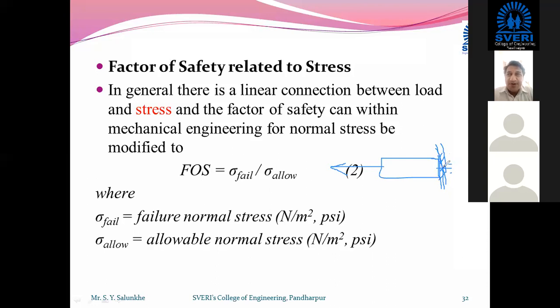If you apply force in the longitudinal direction and it creates tension, then we can say that tensile stress is generated. If we apply tensile force, tensile stress is generated, right?